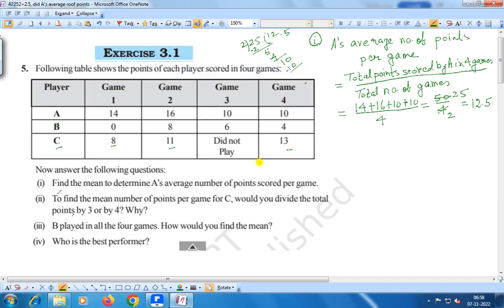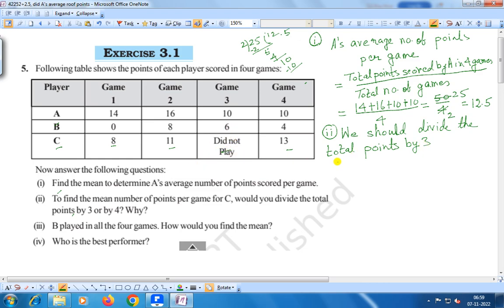Therefore, we should divide the total points by 3, because he didn't play game number 3.